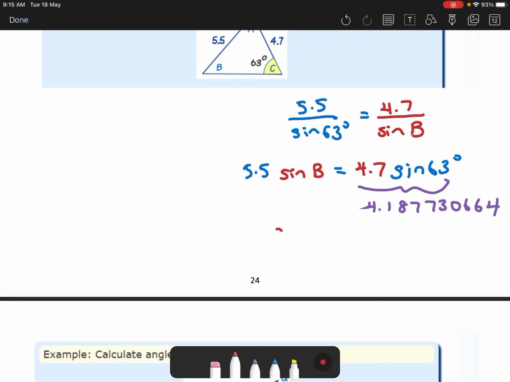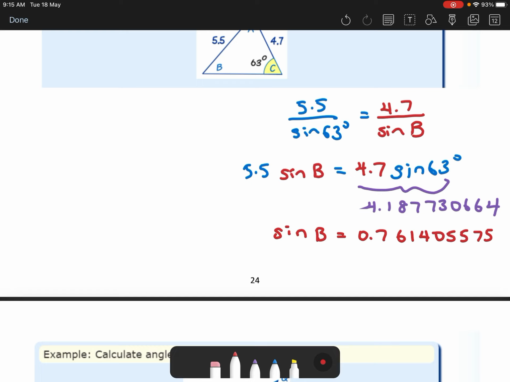So sine B is equal to 0.7614055575. This is sine B, but I don't want sine B, I want angle B. So how do I calculate my angle B?